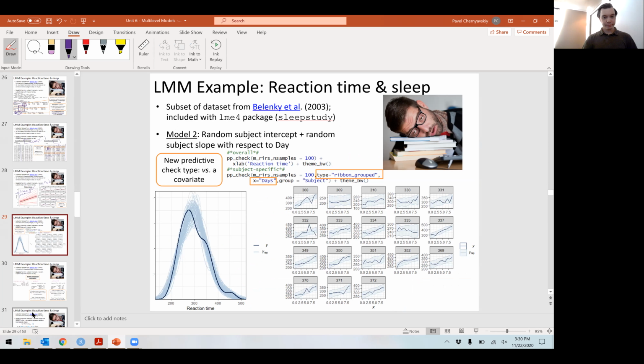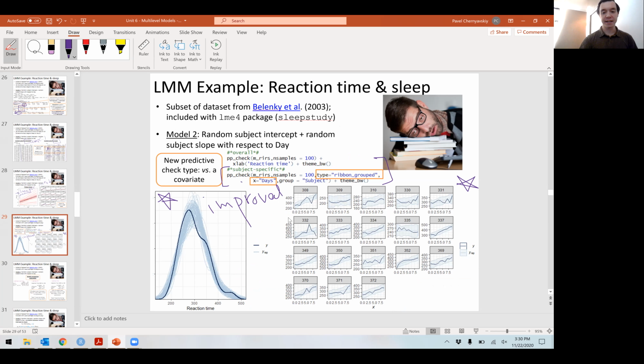So if you look overall, our fit actually improved, and we expected this to be the case. And on the right, we actually have a new way of checking if we have successfully represented the relationship between some covariate and the outcome.